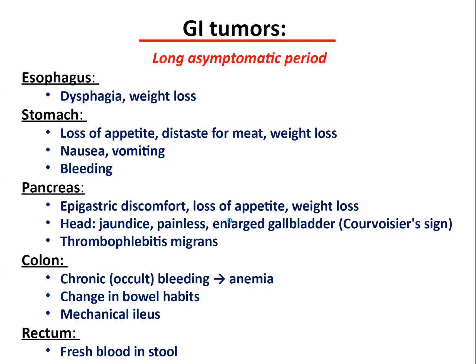The increased distension of the GI tract causes increased peristaltic activity, and diarrhea usually follows the obstipation period. And mechanical ileus can develop, and rectal tumors usually manifest as fresh blood in the stool.